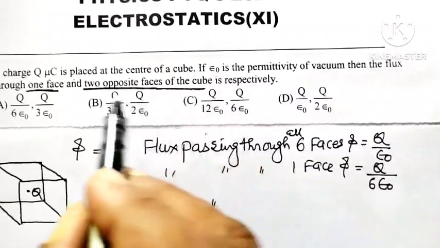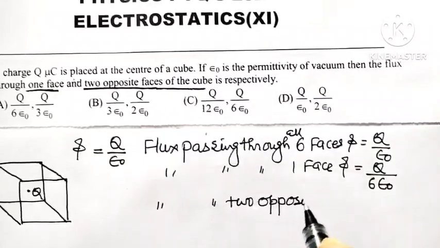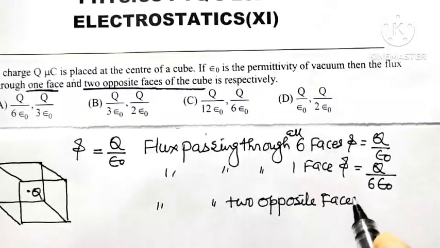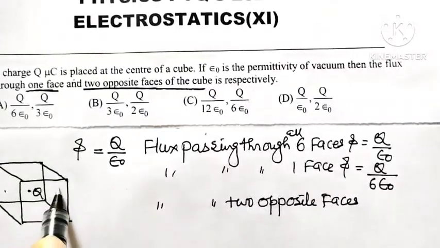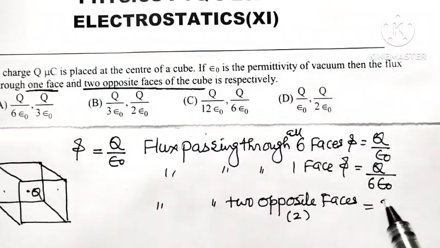Now, the flux passing through two opposite faces of the cube. These are the opposite faces, so the flux passing through two opposite faces means the flux passing through two faces. So, it is 2 times the flux passing through one face.